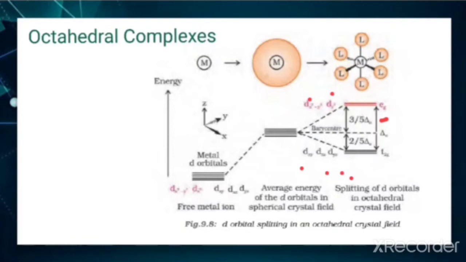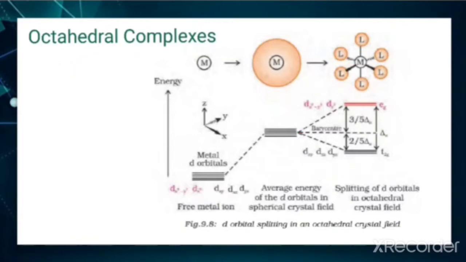yz and zx. So that means in this diagram we are splitting the 5 orbitals in such a way that for the case of an octahedral complex, the T2g set, that is dxy, yz and zx orbitals, have lower energy compared to dx square minus y square and dz square orbitals.